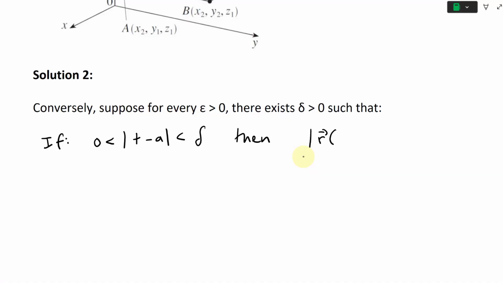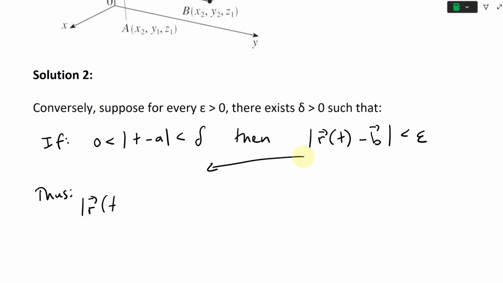The difference between the vector function r of t and the vector b is less than epsilon, like that. Now we have that, so we'll go from here. Thus, this is now r of t minus b. We're going from this direction, as opposed to solution 1, which was the reverse direction.